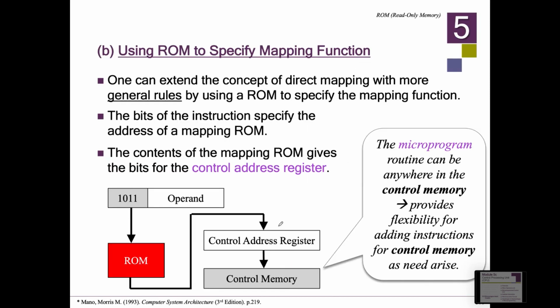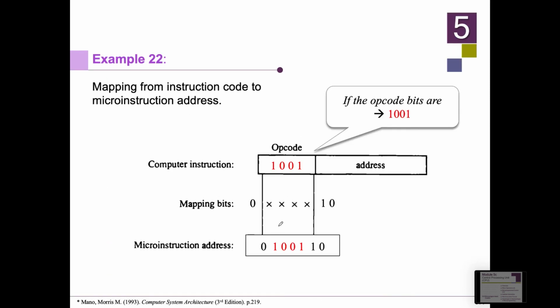Okay, I think this is the last example I will explain in this video. Later on, I will create another short video for you to finish the 5.6. So for this example 22, mapping from instruction code to your micro instruction address.